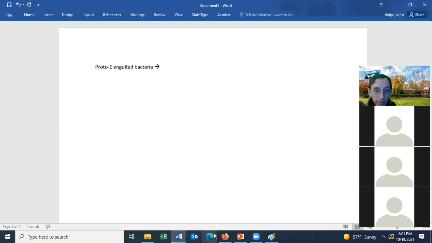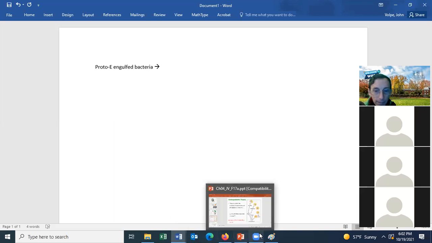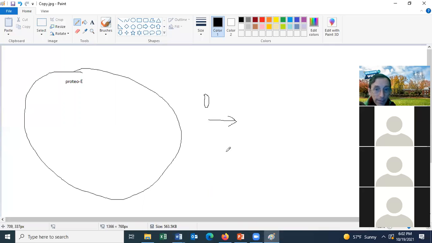It kept it around. And so now let me erase this and draw the bacteria inside the proto-eukaryote.